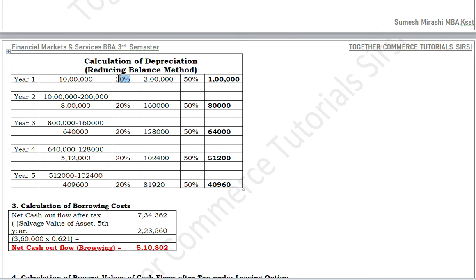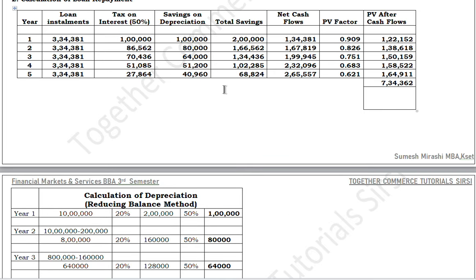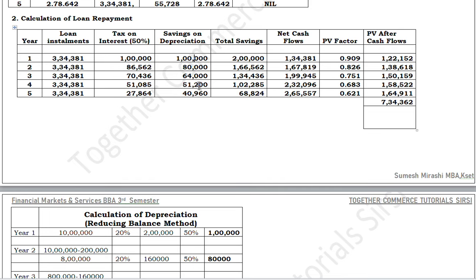They have given 20% depreciation. So 10 lakh into 20% depreciation comes as 2 lakh. This is the depreciation charged. On this depreciation, we should put 50% tax, so then you will get 1 lakh as the answer. This is the 1 lakh you will see in this column.